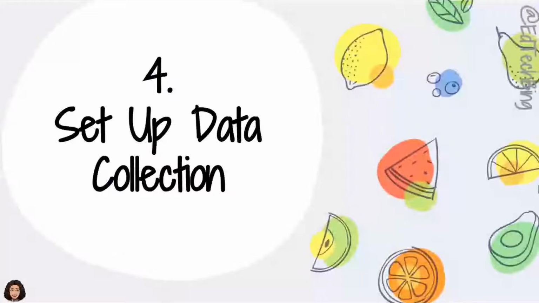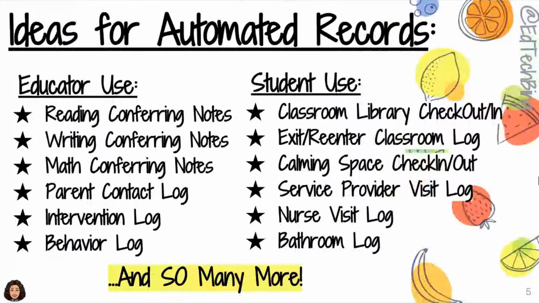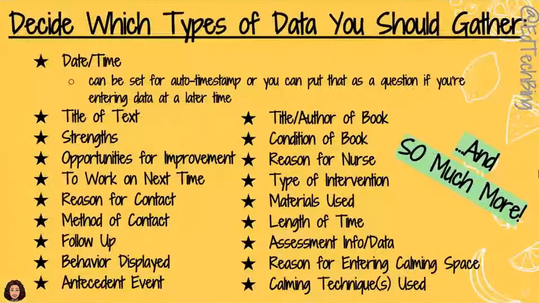Now let's set up your data collection. Think about a purpose for your data collection form. After you have that in mind, think about the types of data you would like to collect with that purpose in mind. Here are some ideas of types of data you could collect with different purposes in mind.